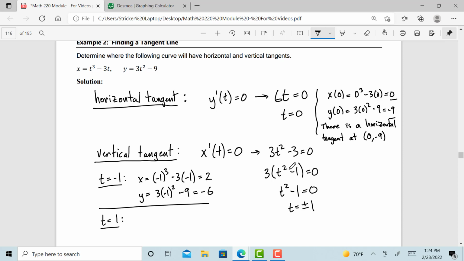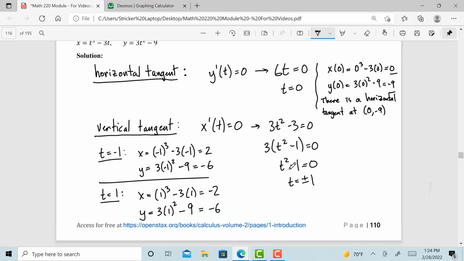When we have t equals positive 1, we get x equals 1 cubed minus 3 times 1, which is negative 2. And then y is going to be 3 times 1 squared minus 9, which is negative 6.